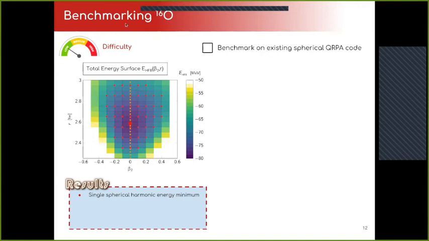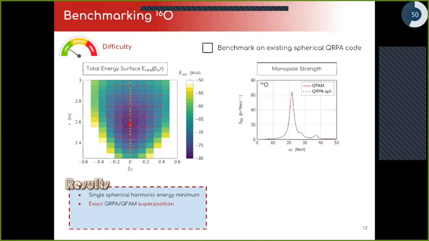In this simple oxygen 16 case, you see that we have a single spherical energy minimum, so it is best suited to benchmark our results.